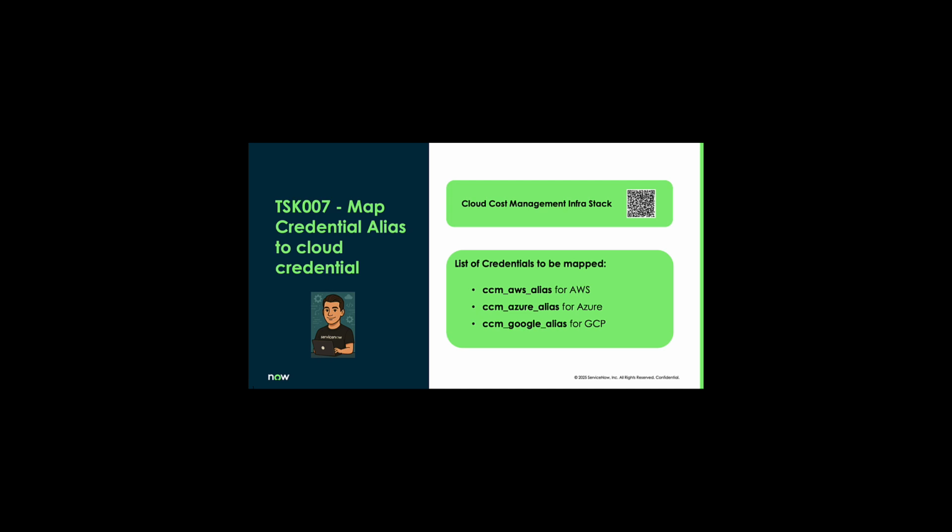Next, you'll have to map the credential aliases to the cloud credentials, and this can be done by mapping it back to these credentials that are mapped here. I've added a QR code here as well to walk you through the individual steps, and Brian will also walk you through the steps needed to get this done.